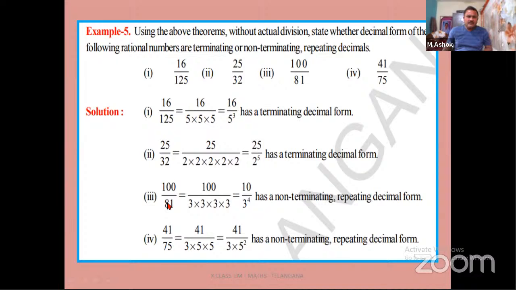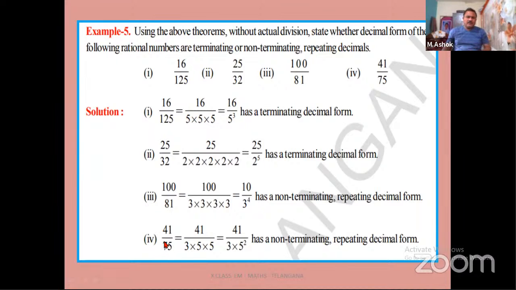Look at example number 3, 100 by 81. 81's prime factorization is 3 to the power of 4, 3 into 3, 3 into 3. Here, the prime factorization of the denominator contains 3 to the power of 4. No 2, no 5. So clearly it is a non-terminating and repeating decimal.